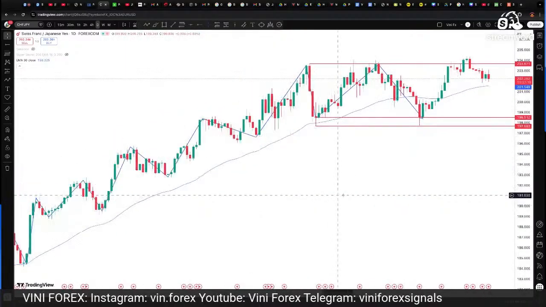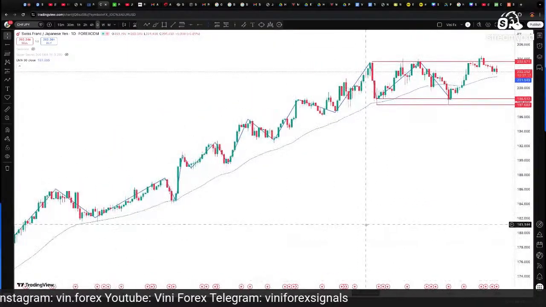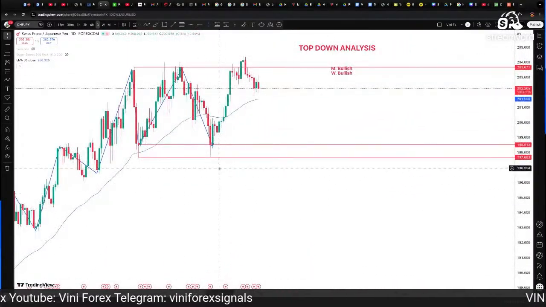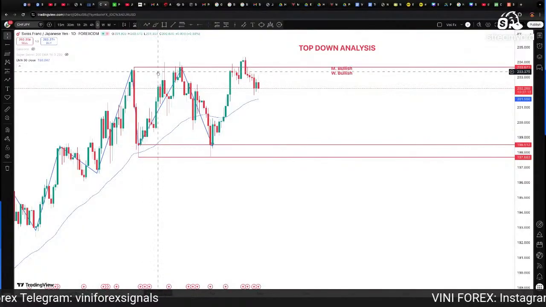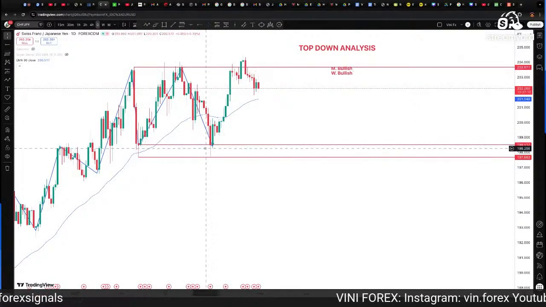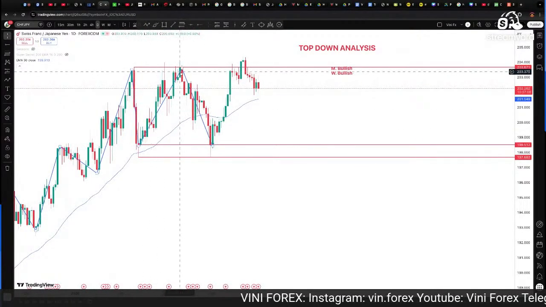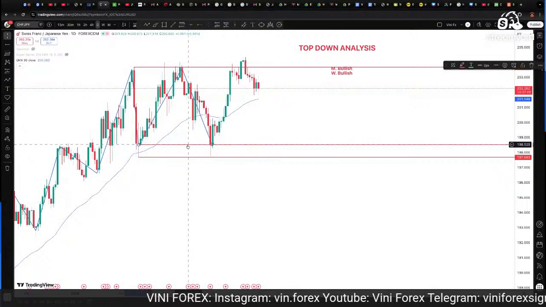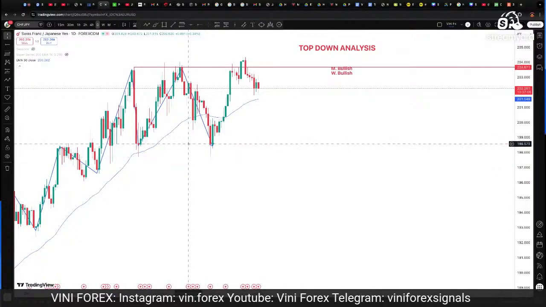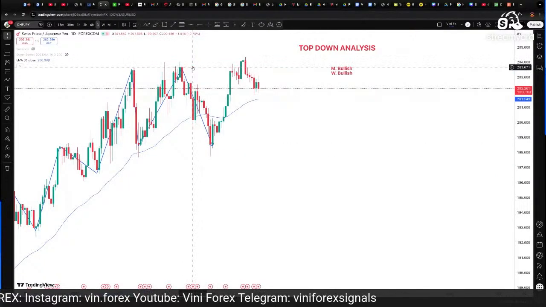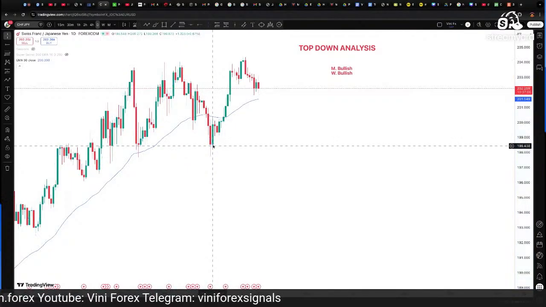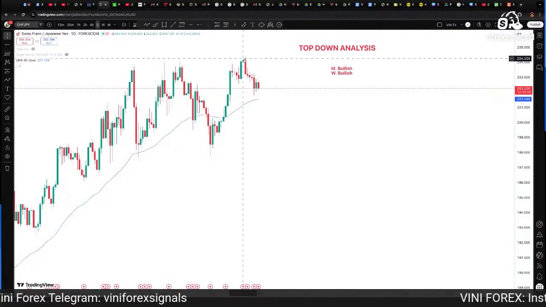Do you understand that? Are you seeing what I'm doing? So this can simply be called an equal high, and here I give you an equal low. Keep that in mind. And after this, the market came to give you a higher high.